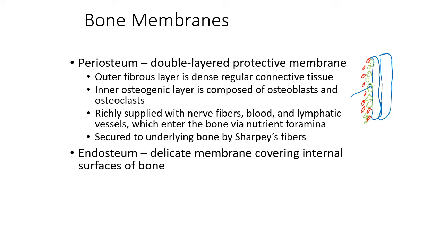Holding those membranes down for the periosteum, we've got little Sharpey's fibers, what looks almost like cotton wool, connecting the two of them together. The endosteum then removes one of the layers, and we have that on the inside of the bone. So this is on the inside of the medullary cavity. This is on the inside where all of the trabeculae are, on the inside of the osteons.